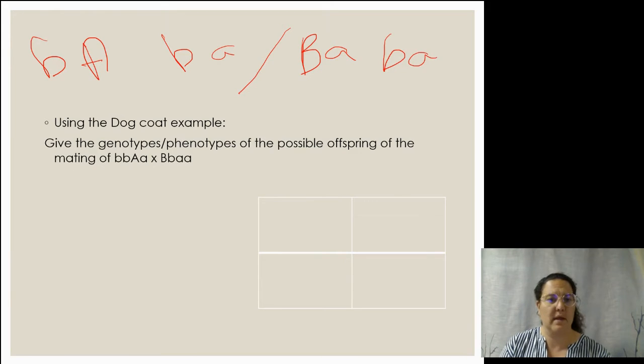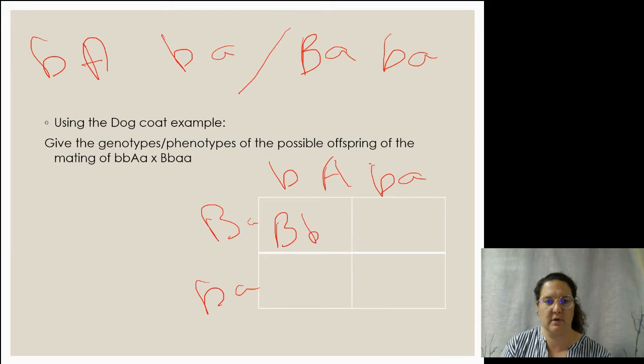Or sure, that's white. So we're going to go through, and we have BA, bA, and BA. Going through, and again, I like to put the capital letters first. So we have a heterozygote.